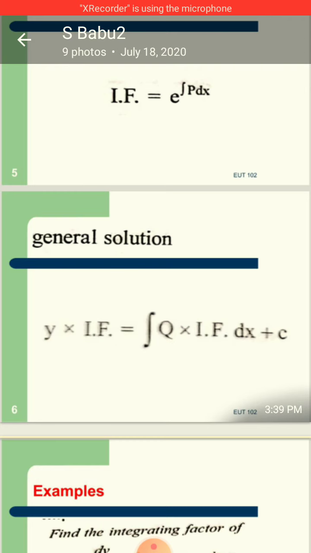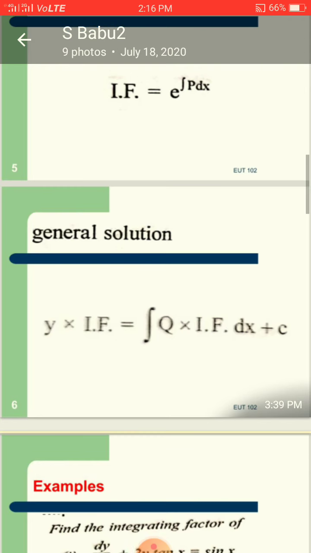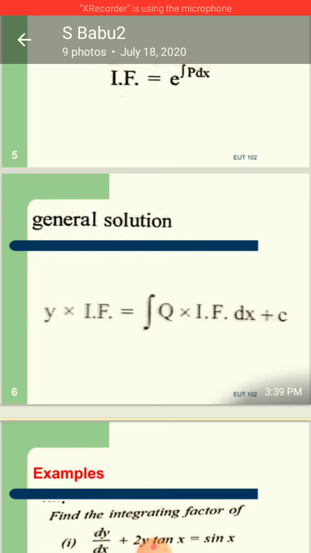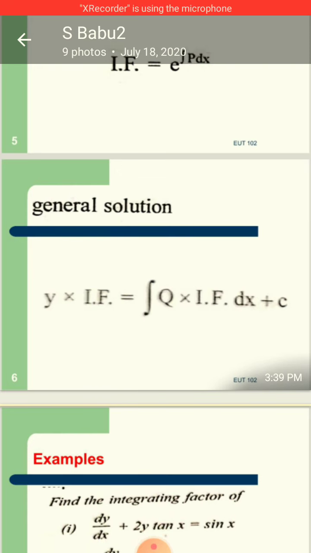So, what formula do we have for finding the solution of a linear differential equation? y into integrating factor is equal to integration of capital Q into integrating factor with respect to x, that is dx, plus c. Here y into integrating factor, we know, we could find the integrating factor of this linear differential equation, and Q is also taken from the linear differential equation.